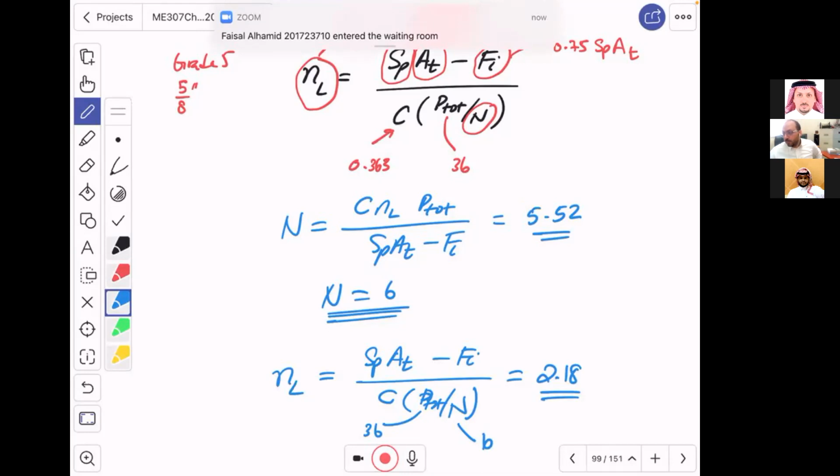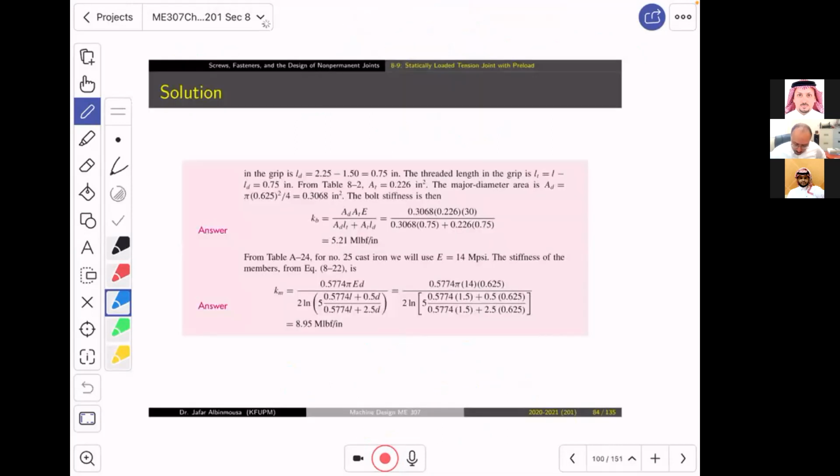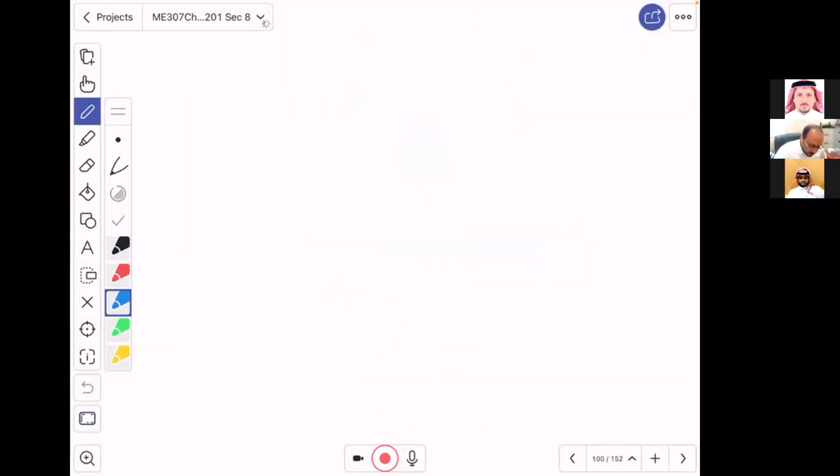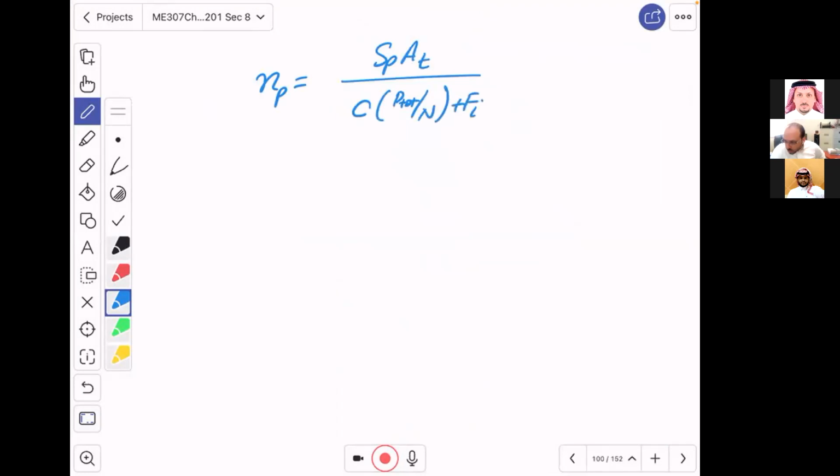So now I go then and find nP. Now nP is equal to Sp At divided by (C multiplied by P total divided by N, plus Fi). I know everything in here. So when I substitute, I get 1.16, which is not too far higher than 1.